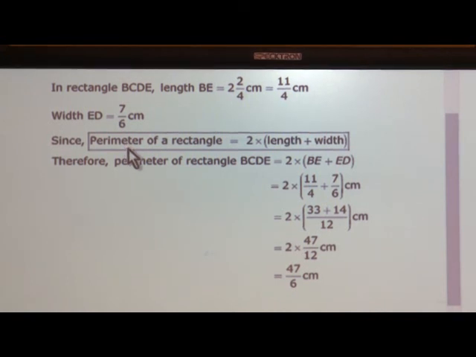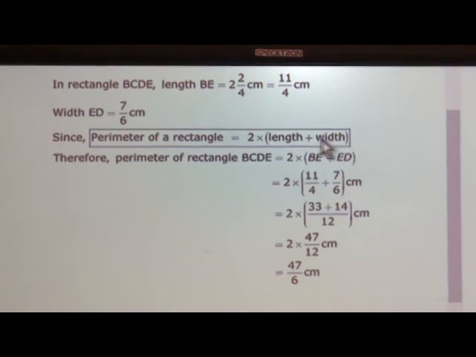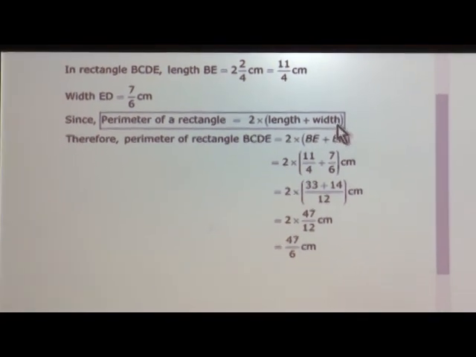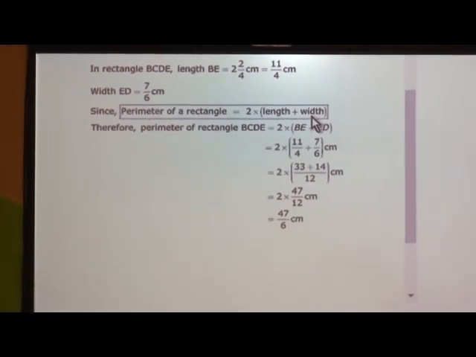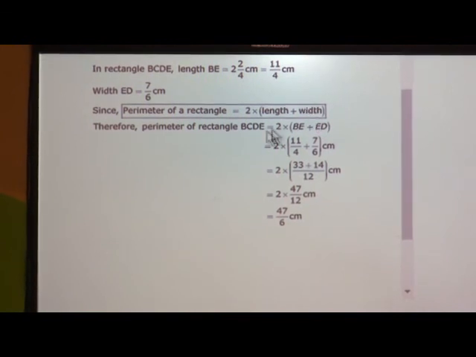Now we have to use the formula for the perimeter of a rectangle. In the previous sum we wrote that the perimeter of a rectangle is 2 times the bracket L plus B, or length plus breadth; width and breadth are the same.